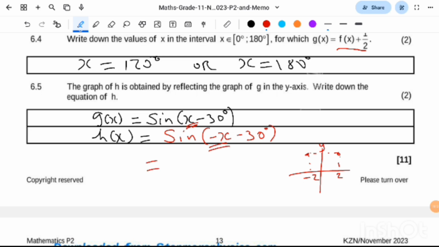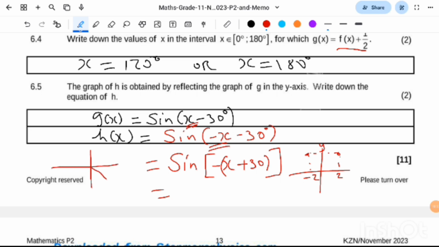But if you want to be a mathematician and write it in a good mathematical way, you will write something like this. And then you want to get rid of the minus inside the bracket, and you realize that mathematically you have this quadrant where cos is positive, and this quadrant is also referred to as minus theta.